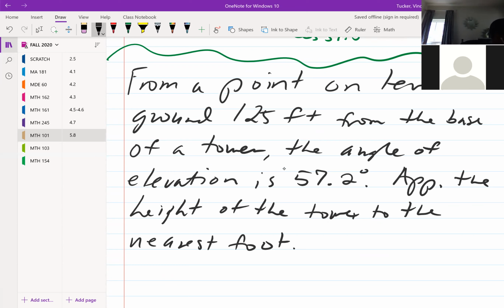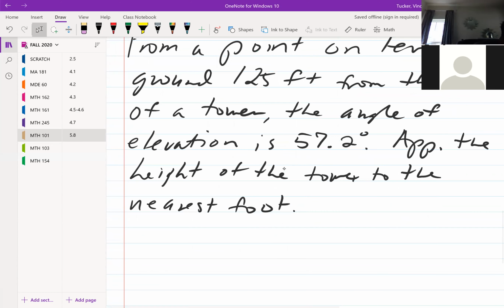Approximate the height of the tower to the nearest foot. So I've got a little bit of a diagram here. Let me see if I can do that.